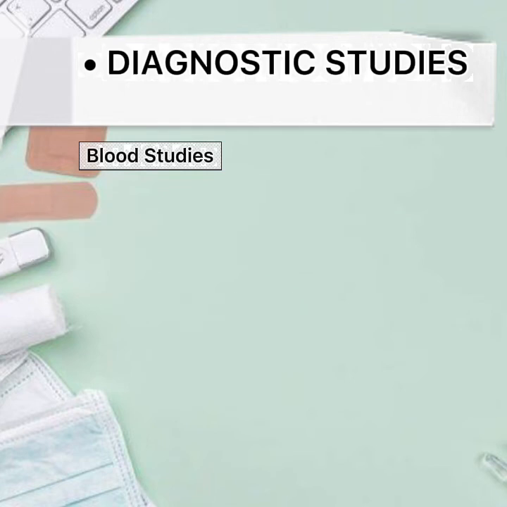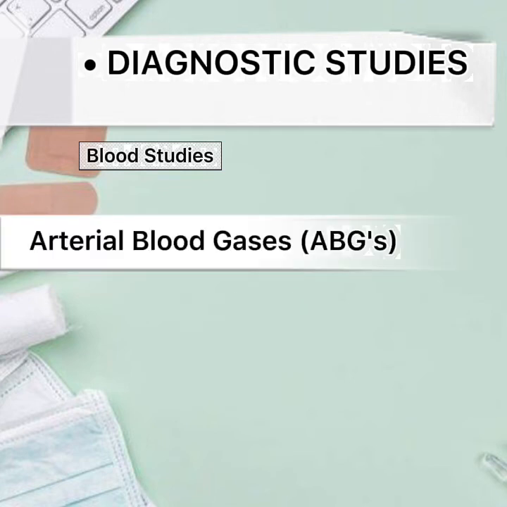Also, under your blood studies, we have your arterial blood gases or your ABGs. Arterial blood is obtained through puncture of the radial or femoral artery or through an arterial catheter. It is performed to assess acid-base balance, ventilation status, need for oxygen therapy, and change in oxygen therapy or change in ventilator settings.